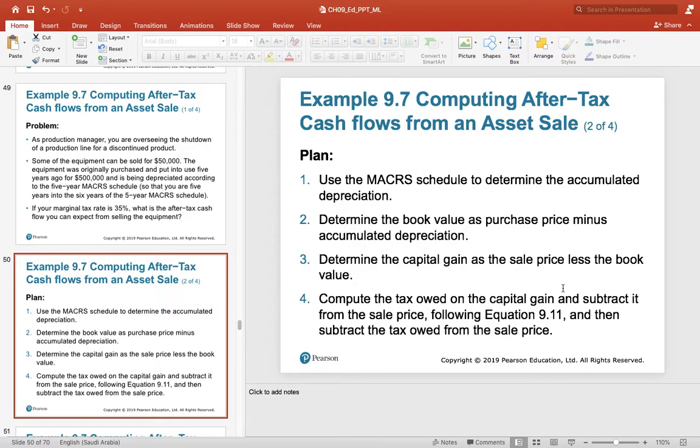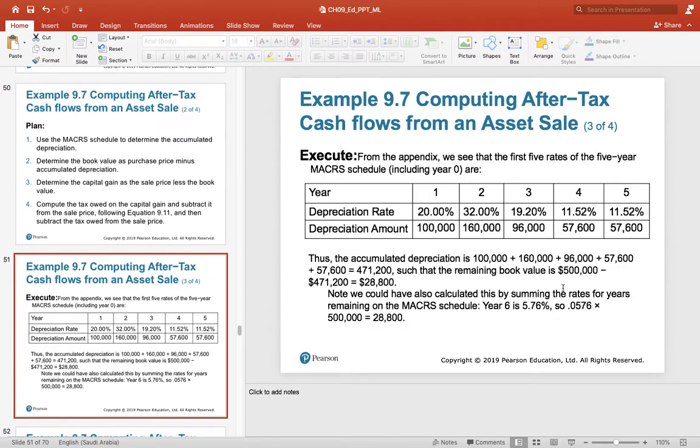We will calculate the book value till now. Determine the book value using the MACRS. Determine the capital gain. The book value and the selling price you compare. If the selling price is better than the book value, there will be a capital gain. Then calculate the tax on the capital gain.